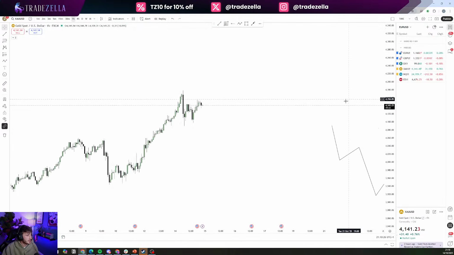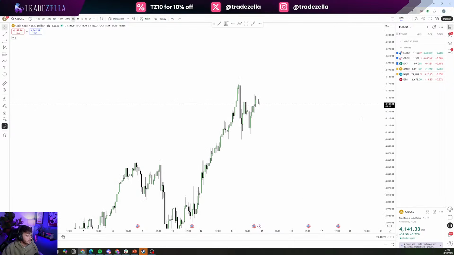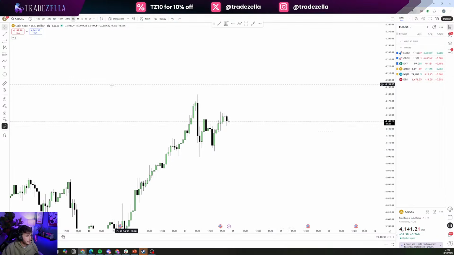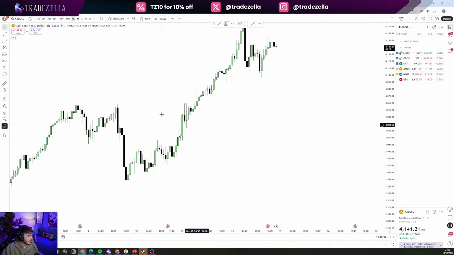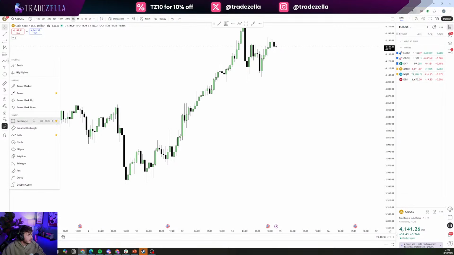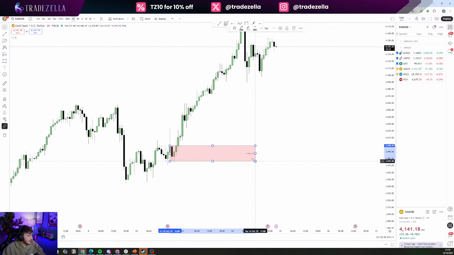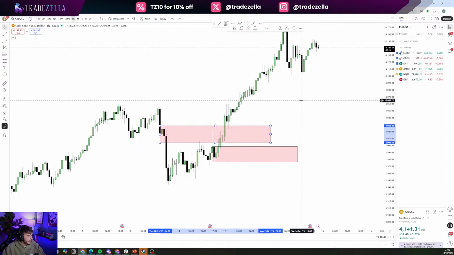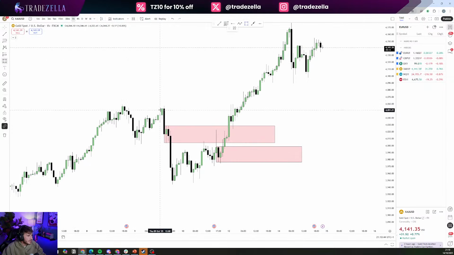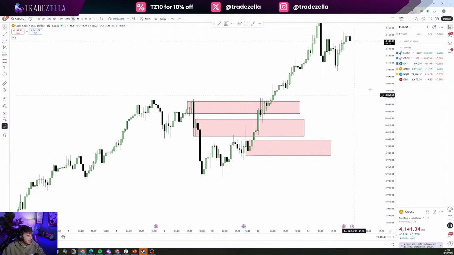And just to go onto a live chart here, I can mark some out for you so we can spot them a little bit easier. So for example, gold, if we were looking at this, right here would be an area of demand. This right here would be an area of supply. This right here would be an area of supply.